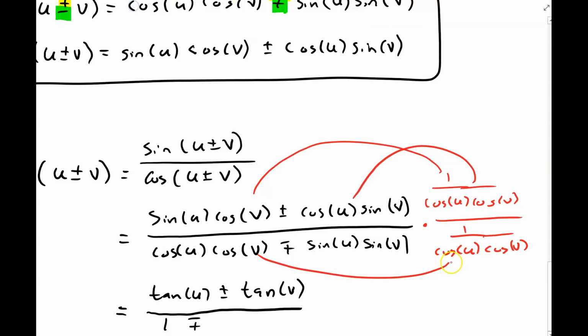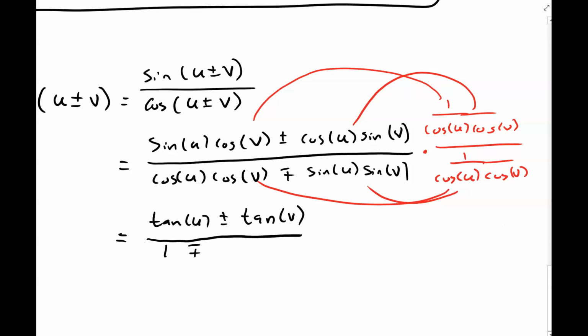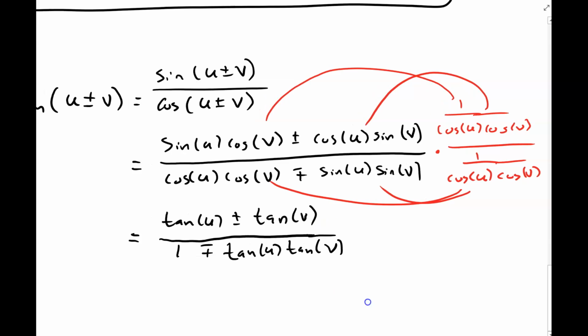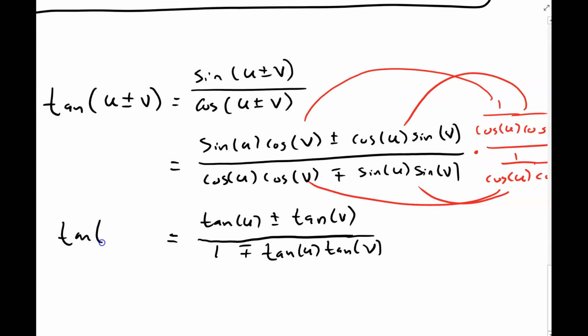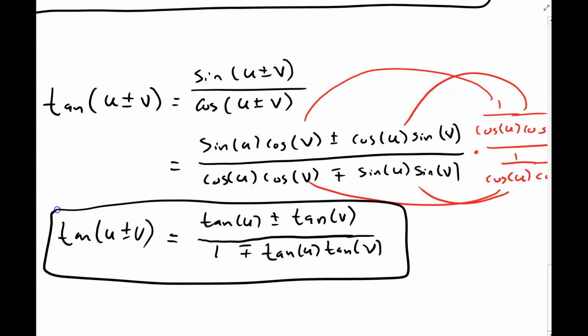And then when I distribute to that last term, I end up with sine u over cosine u times sine v over cosine v, which is just tan u times tan v. And that's the form that we're going to use, where it's written in terms of tangents.